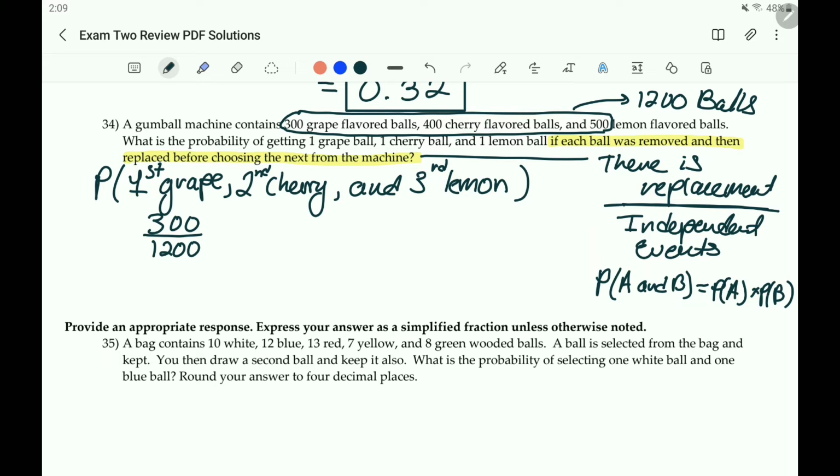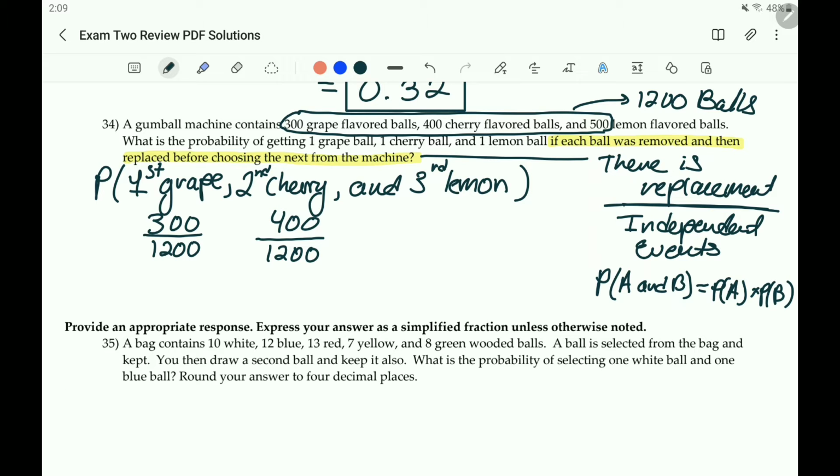Okay, you take a grape out, and as soon as you take it out, it's replaced. So that means for the second ball that you're choosing, there's still 1200 balls. And the second one is going to be cherry. There are 400 cherries in this machine. So the probability of the second one being cherry is 400 out of 1200.